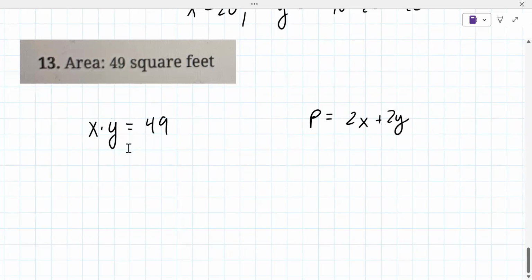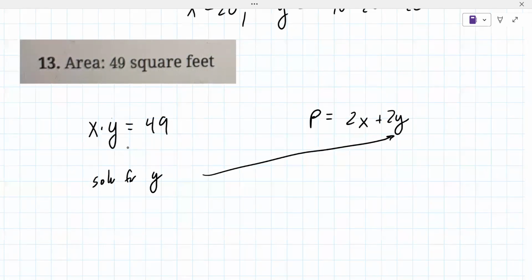Yeah. So what you have to do here is solve for y. And then you put that into this other equation over here and then take a derivative, set it equal to 0, and make that your answer. Any questions on that? No. Okay, so why don't you give that a try? You're welcome to graph if you'd like that.